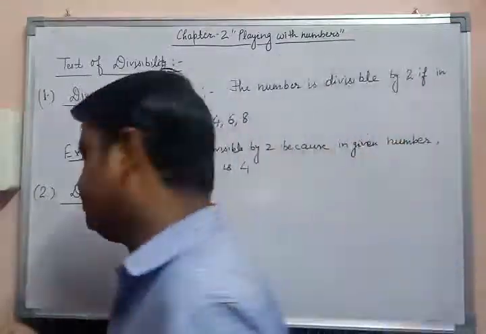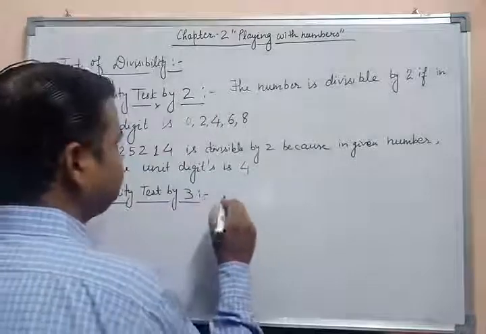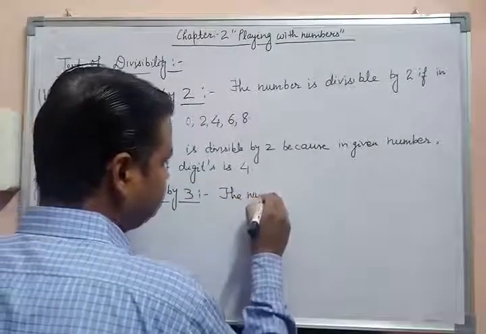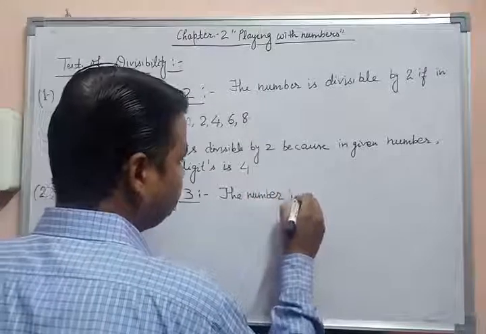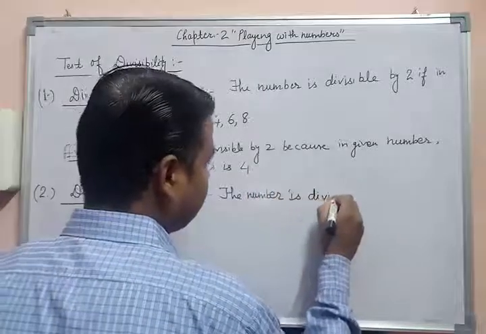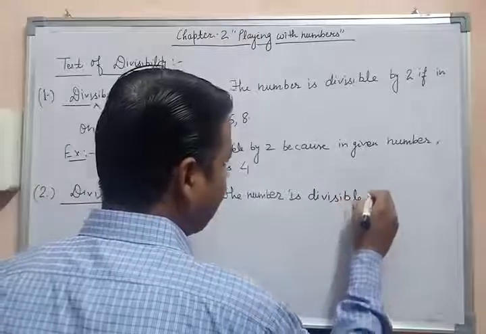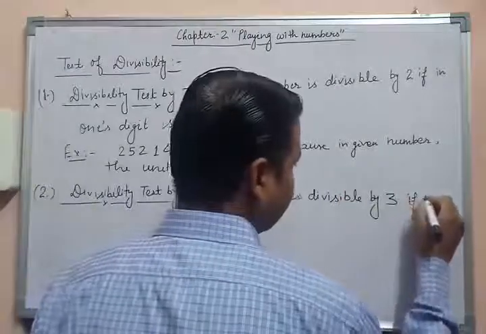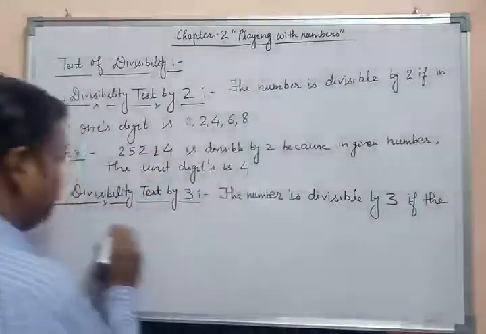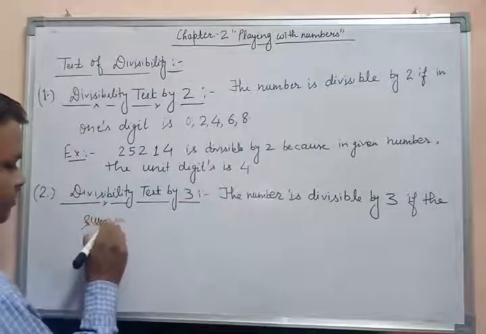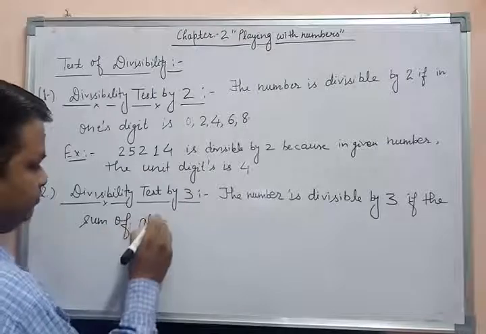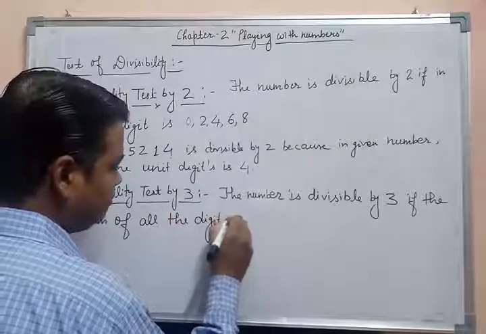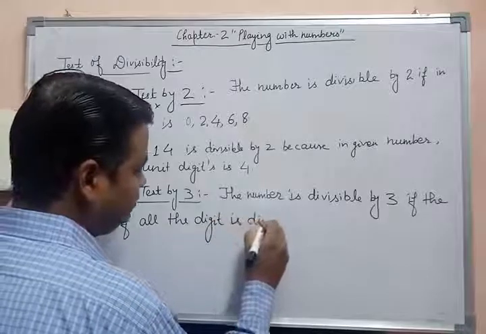So students, you have to write: the number is divisible by 3 if the sum of all the digits is divisible by 3.